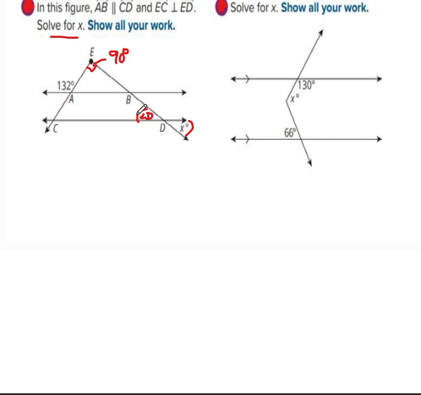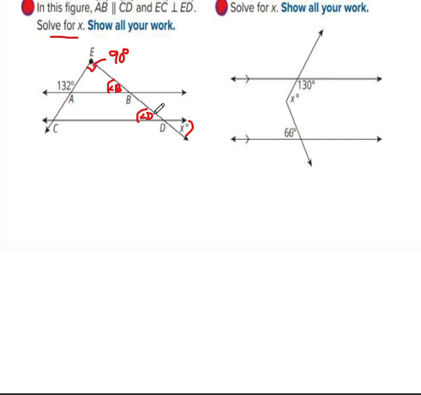Moreover, we realize that angle D is equal to angle B. This is so because these are corresponding angles. Angle D and angle B are corresponding angles because they are on the same side of the transversal line.